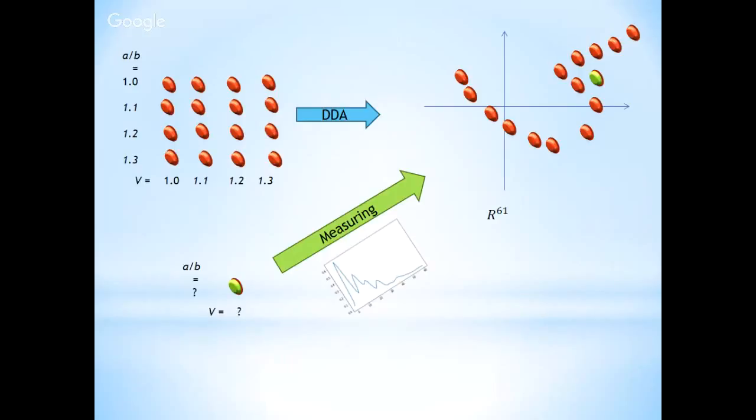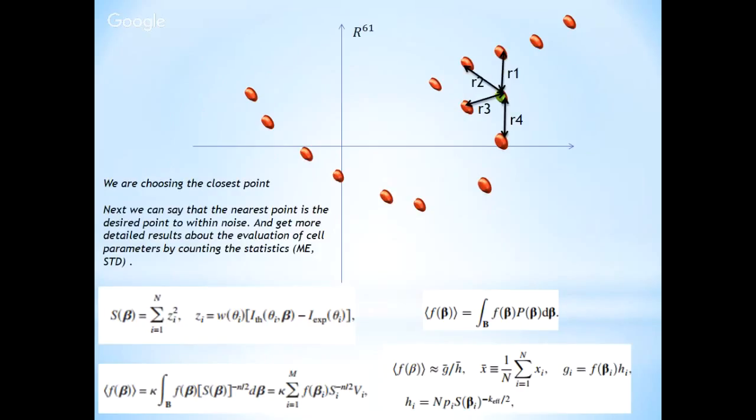And for different parameters, for example, the mathematical expectation of the parameters of the cell and the standard deviation of it, there are many different parameters. This is how we can do it. We just compare the different distances.